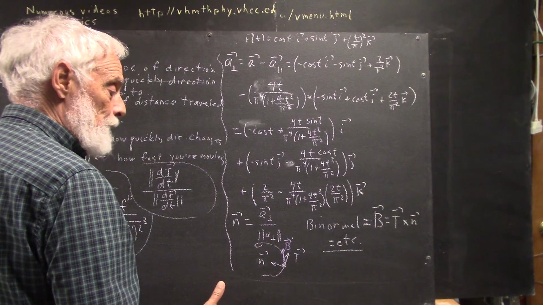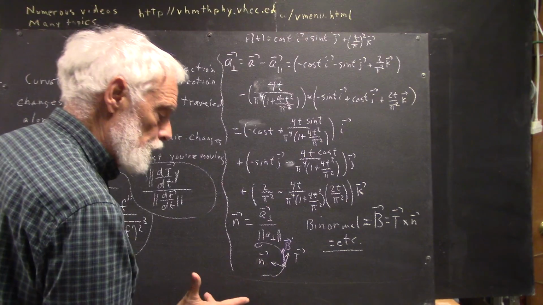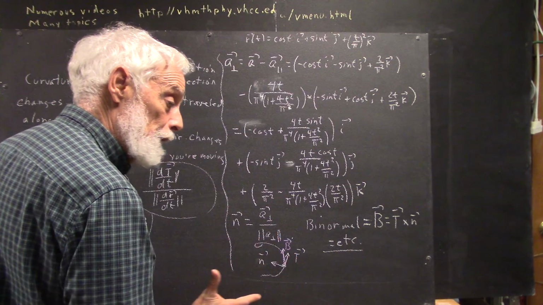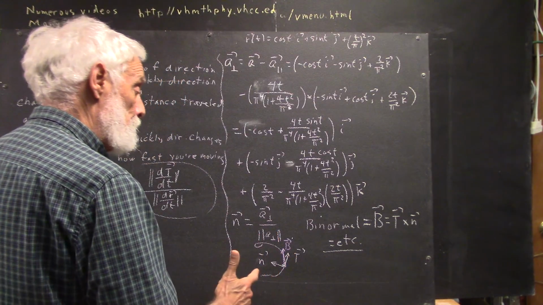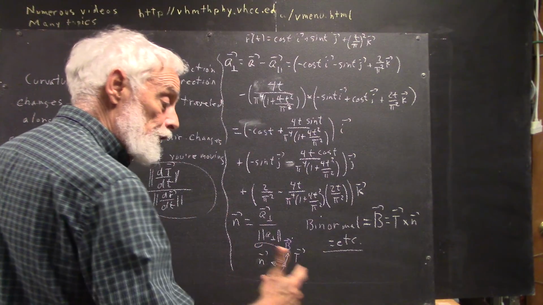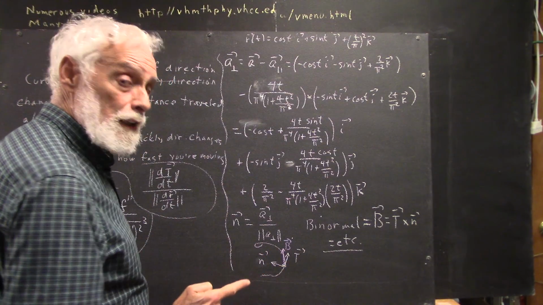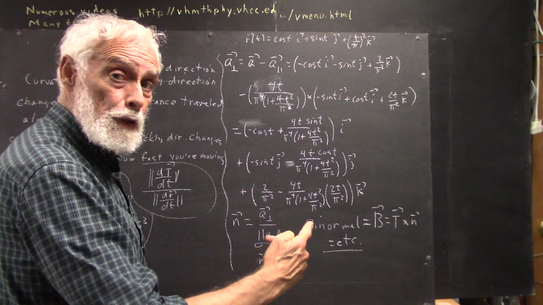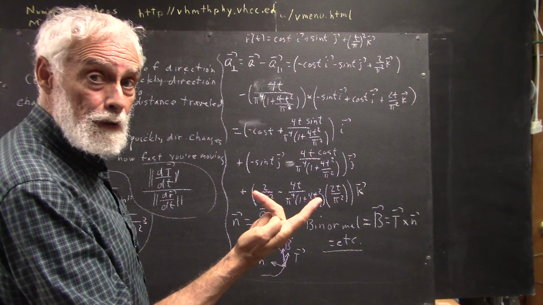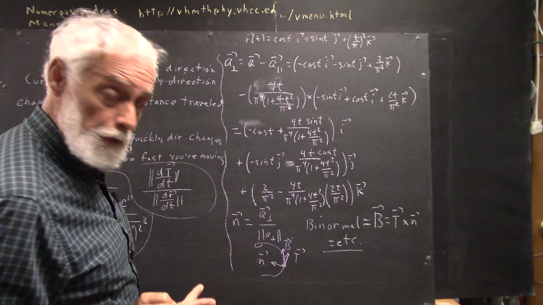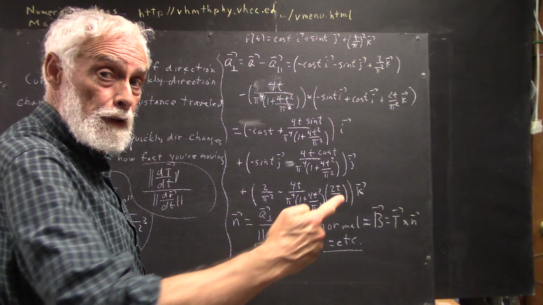So if you're just moving in the circle, even if you're speeding up or slowing down, the normal stays perpendicular to the tangent vector. If this is your tangent vector, this is your normal vector. So you're moving around the circle, and it looks like this.